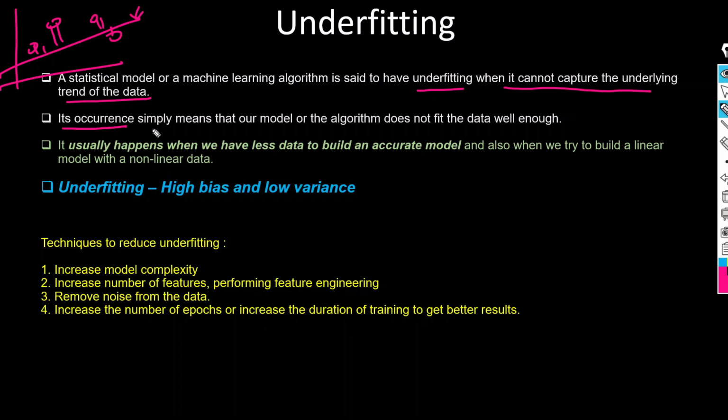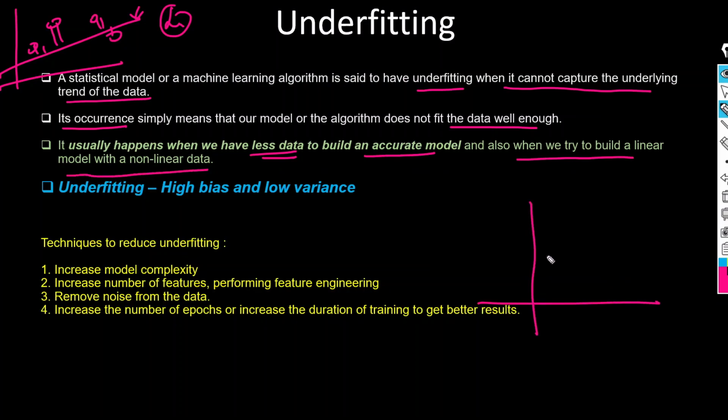Its occurrence simply means that our model or the algorithm does not fit the data well enough, right? And it usually happens when we have less data, when our model has fewer samples to build an accurate model, also when we try to build a linear model with non-linear data. Here, this is your non-linear data and we are using a linear model.